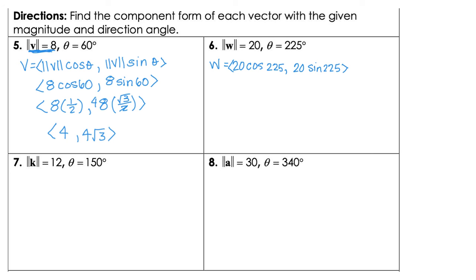And so we're going to have 20 cosine 225. So that's going to be down in the third quadrant. So it's going to be negative √2/2, comma 20 negative √2/2. So we can cancel with our 2's. So we're going to get negative 10√2, comma negative 10√2.